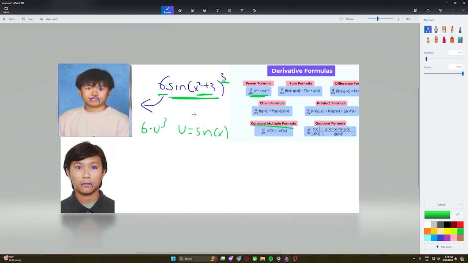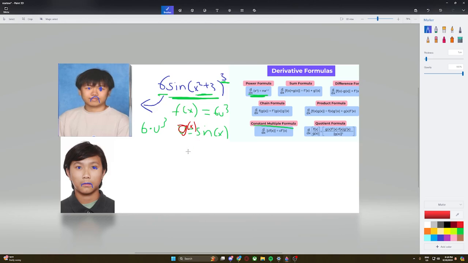And you know what? U can be a function. Let's say u is f of x. F of x equals 6u cubed. And then you'll realize, what if I change this into g of x?